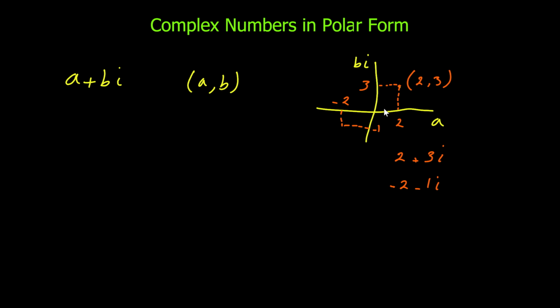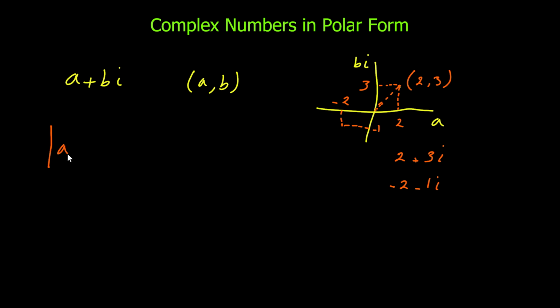Now, how do we find the length of that point that we have? We get it from the center, which is 0, 0, and we know that the absolute value of a point in the plane is going to give us the length.